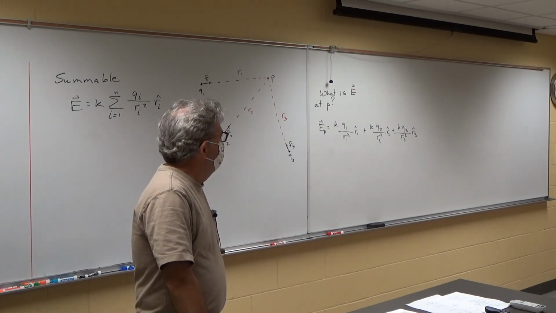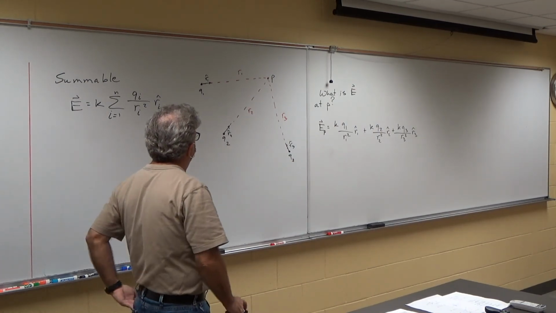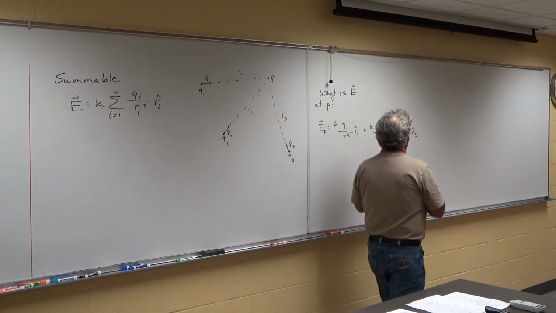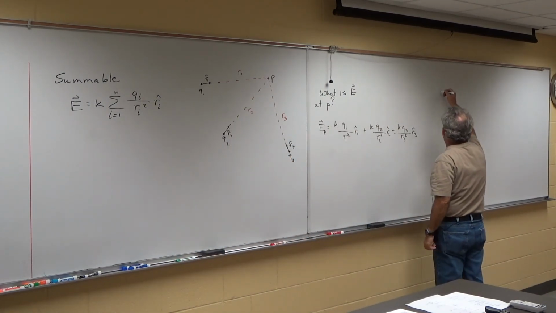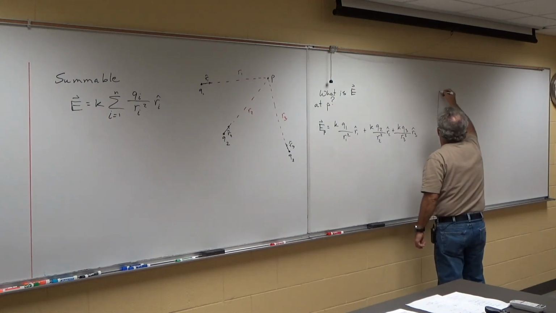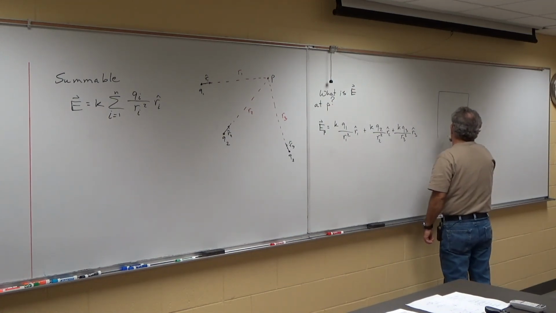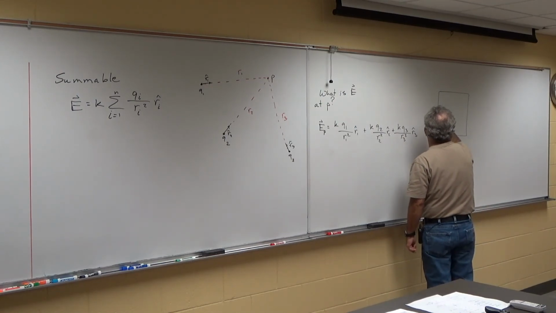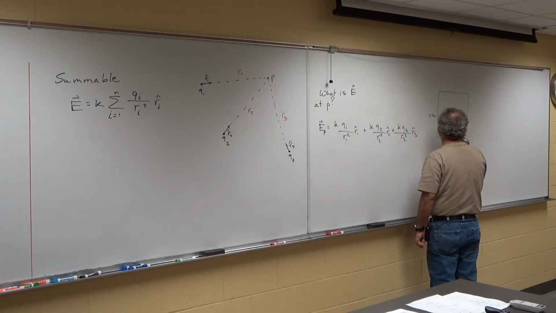All right, let's look at an example based on this idea of summability. Here's a square. Let's say that it's 50 centimeters on a side.